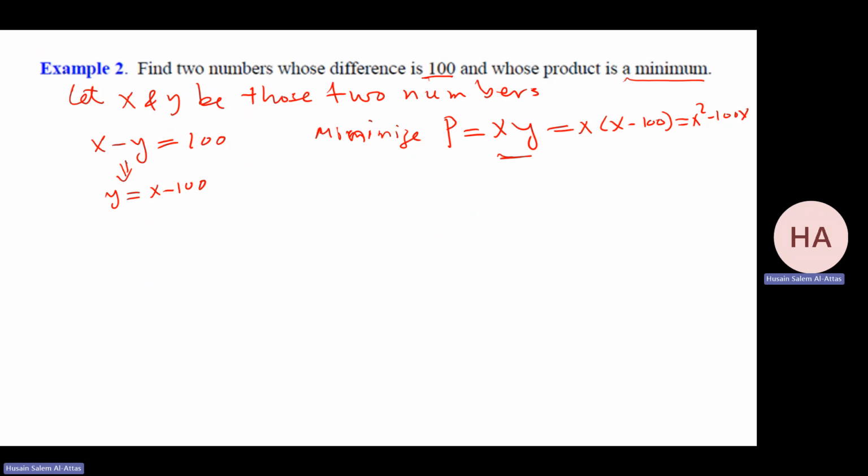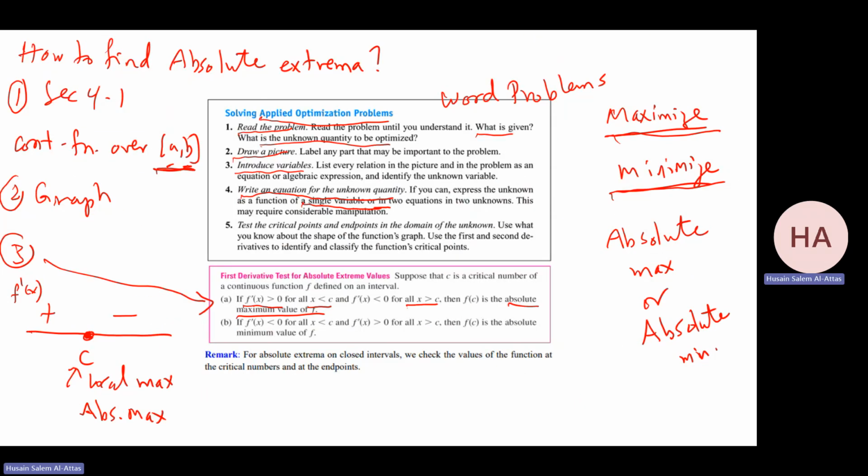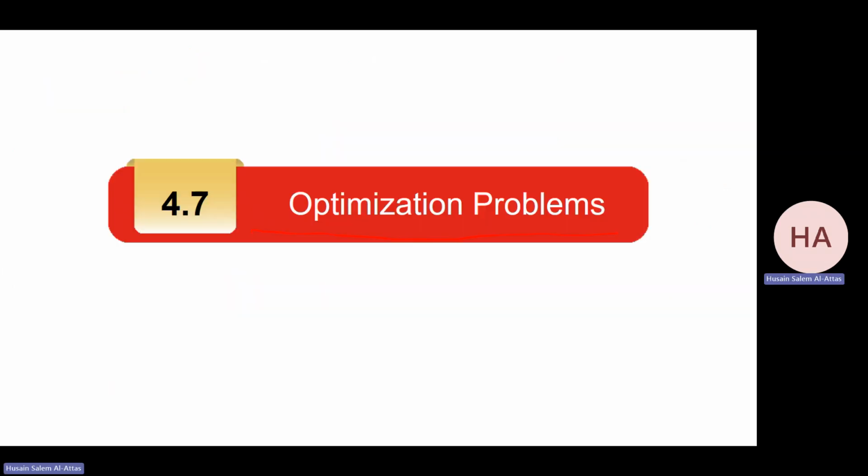Okay, but let us do it. Can I say X should be between this and that? I don't think it will be easy to do this.